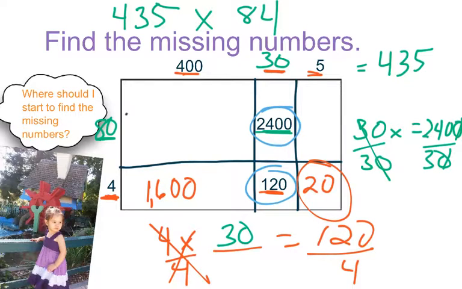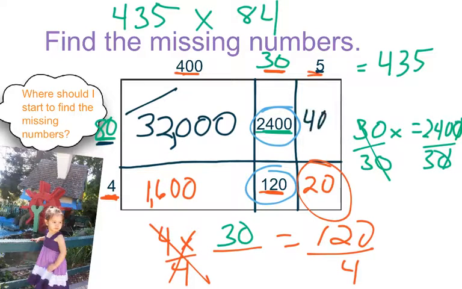So I know that 80 times 400, 32 with 3 zeros, 32,000. And I know that 80 times 5 is 400. So now I have all my missing numbers.